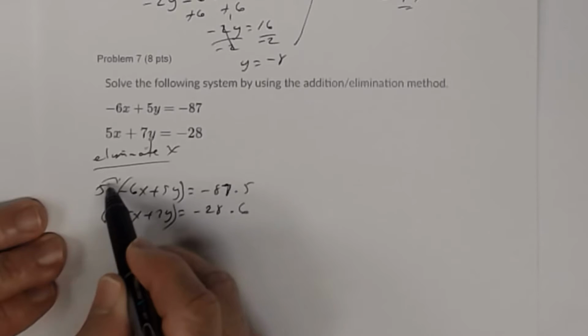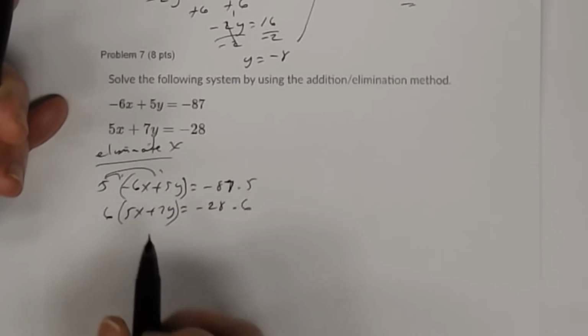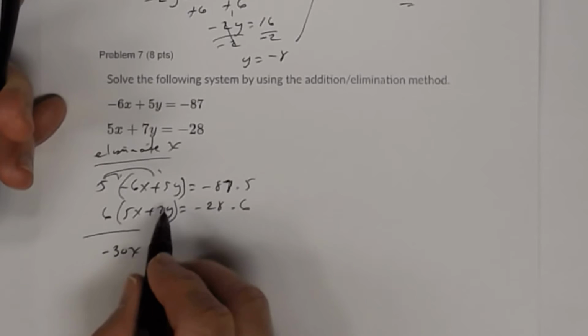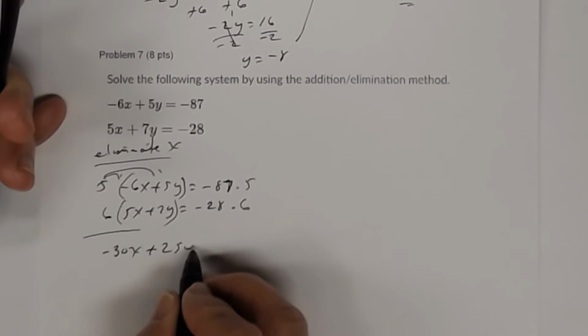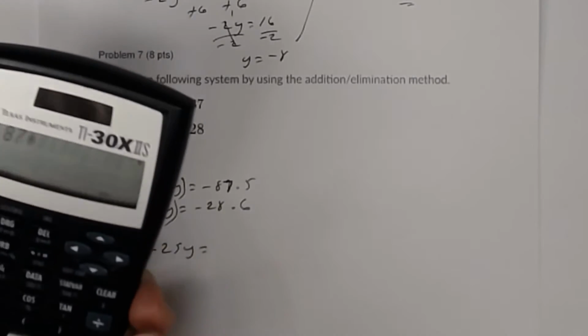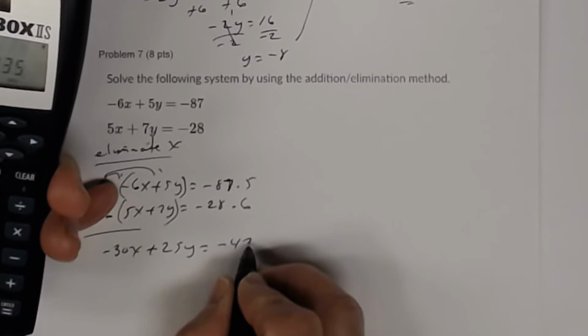Okay, now distributing, and you're going to need your calculator on the other side. Distributing, I get 5 times negative 6x is negative 30x. 5 times 5y is 25y. Negative 87 times 5, using the calculator, will give you 435, but that's negative 435.